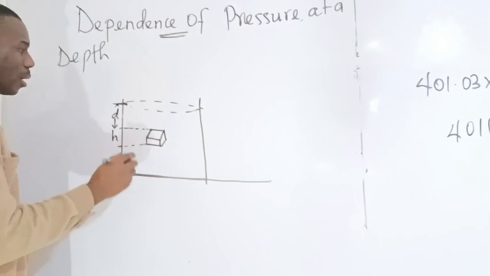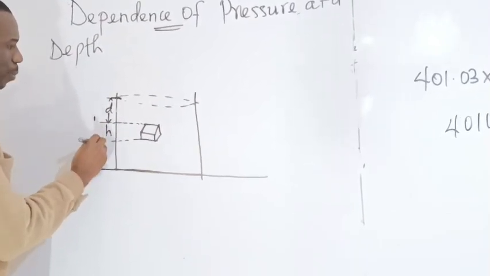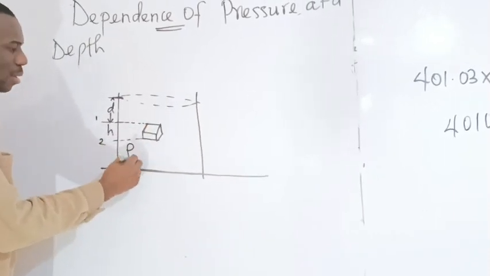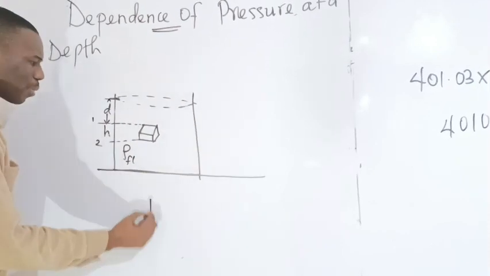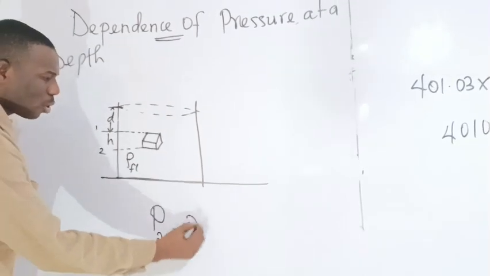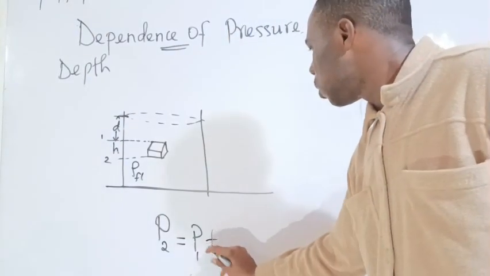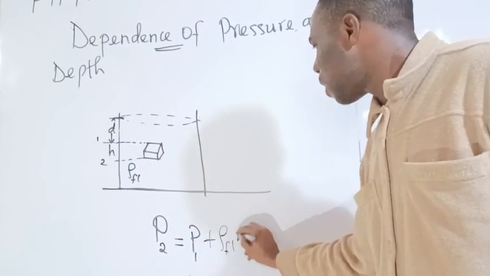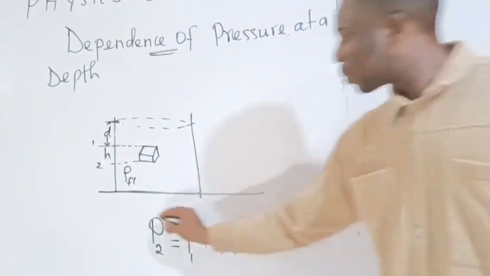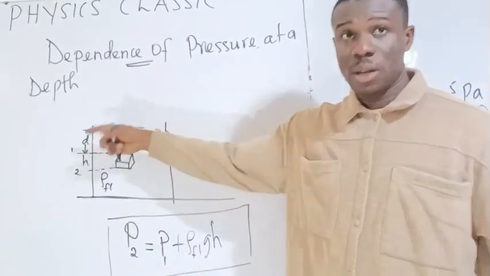If I call this point 1 and this point 2, and the fluid in which this solid is submerged has a density rho, then clearly the pressure at the second position is the pressure at the first position plus the density of the fluid times G times this column of H. So this holds true for any 2 points in the fluid.